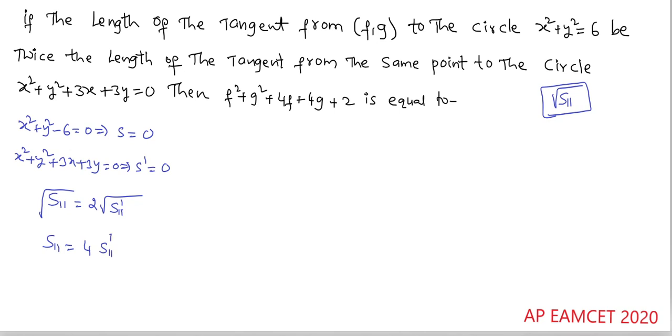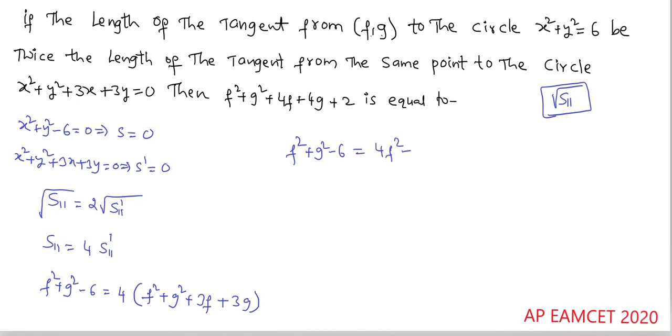So S11, substituting (f, g) in the first circle, is f² + g² − 6, equal to 4 into S11', substituting (f, g) in the second circle, that is f² + g² + 3f + 3g. So f² + g² − 6 = 4f² + 4g² + 12f + 12g.